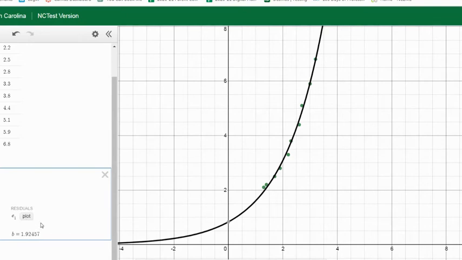So my equation would be y equals 0.832 times 1.924 to the power of x. All right, so I'm going to leave this up for just a second because I want to use this statistics piece here.